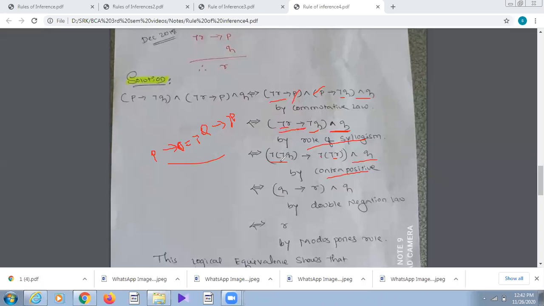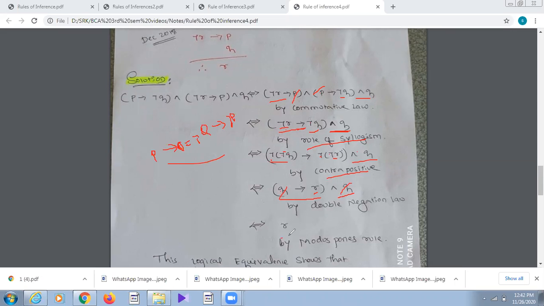By using the double negation law, the negations will be cancelled. Okay, so Q conditional R we got, and conjunction Q as it is. Here again by using the modus ponens rule, Q will be cancelled, and we get R.